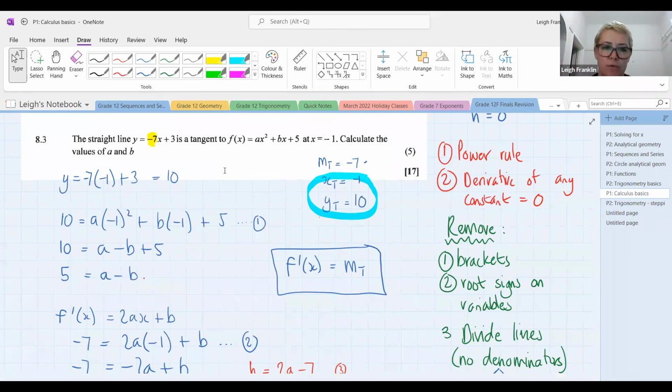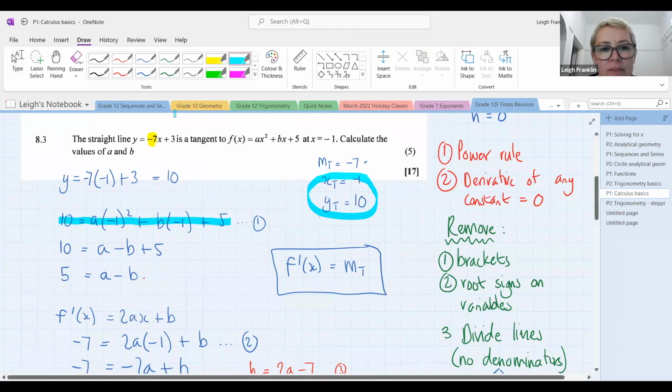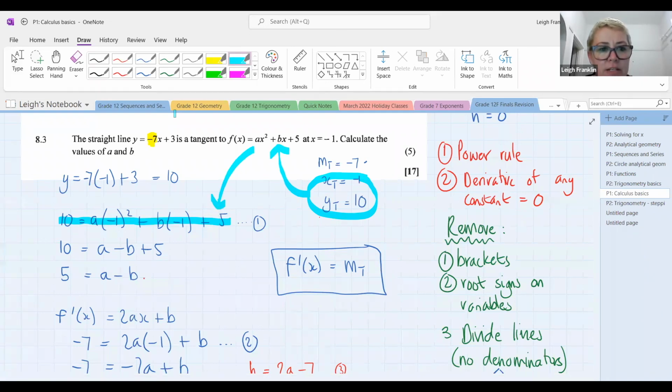If you have a look over here, this line in blue that I'm busy drawing now, I've taken these coordinates and subbed them into f of x in order to get that line. That's the first thing. The second thing we are doing is working with the derivative. I've applied my power rule: 2 times a is 2a, and I've taken 1 away from the exponent to get 2ax.